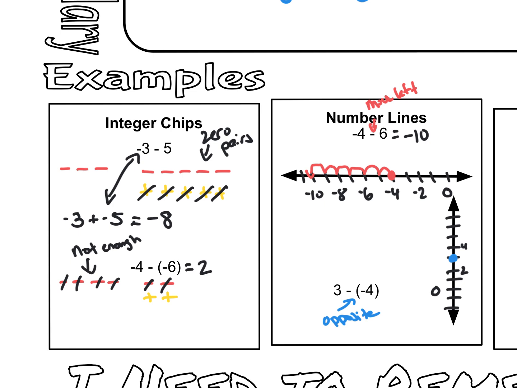So I have to move the opposite of -4. If -4 would normally move us down, this means I'm actually going to move up 4: 1, 2, 3, 4. Here we have 6, and then that would be 7. So our final answer would be +7, because our temperature ended up going up 4 degrees.